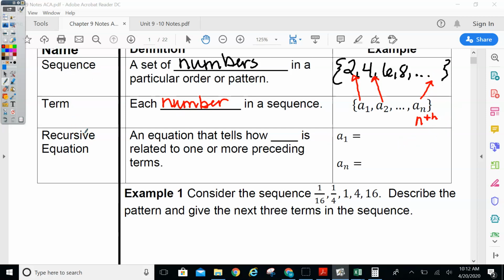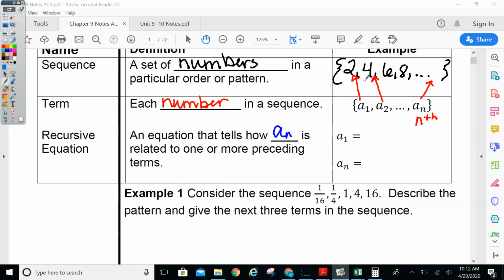Okay. The first formula we're not going to use very often. We're going to use it here to start us off, but this one's not as useful as the explicit formula. This one's called the recursive. It's an equation that tells you how the nth term, a sub n, is related to the previous one.